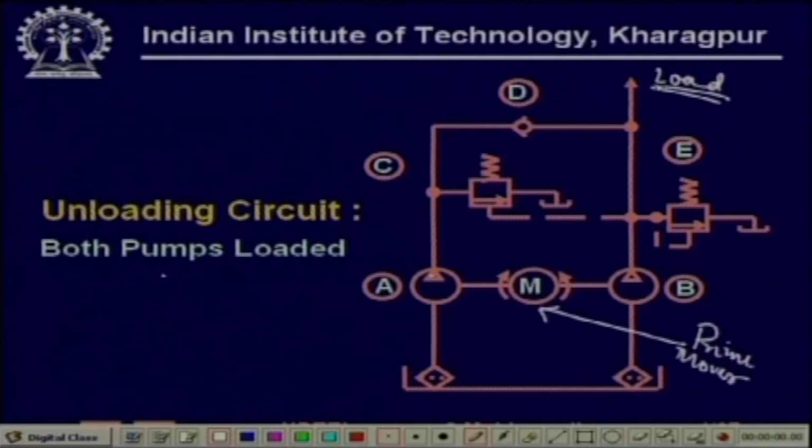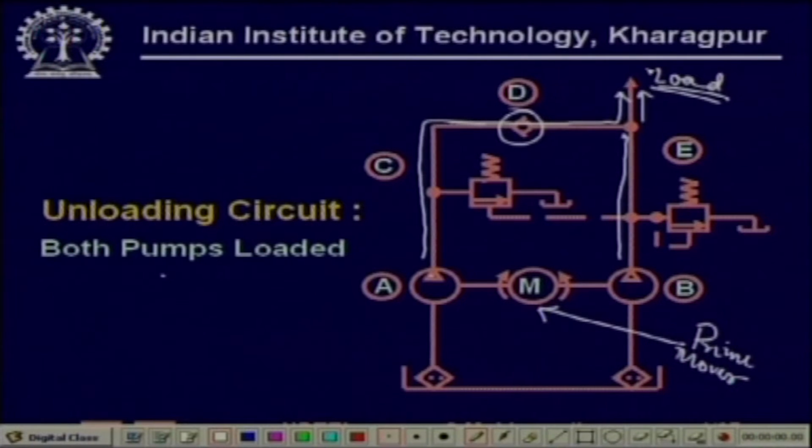So the pump A flow is going this way, this is a check valve. This way is free flow for the check valve, if you recall. This is the flow of pump A and this is the flow of pump B. They are getting joined here, and the total flow, that is flow of pump A plus pump B, is flowing onto the load.